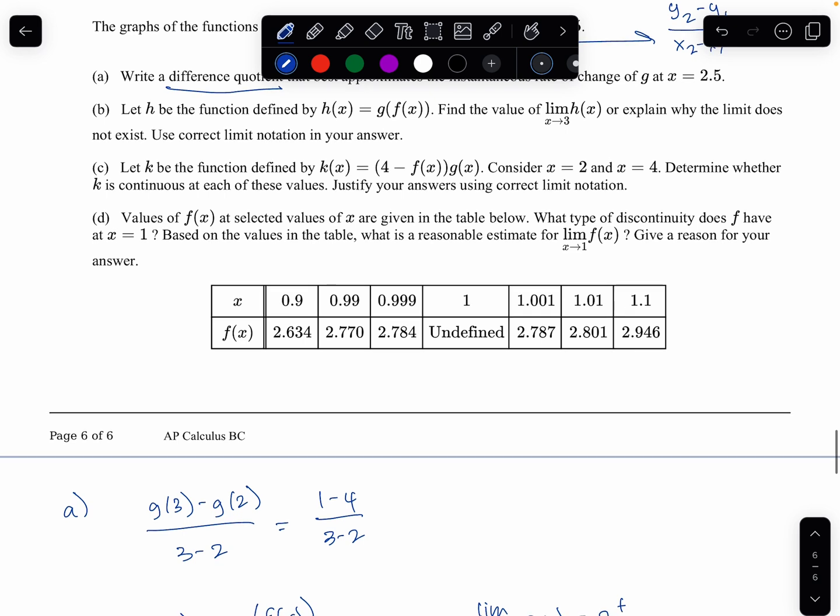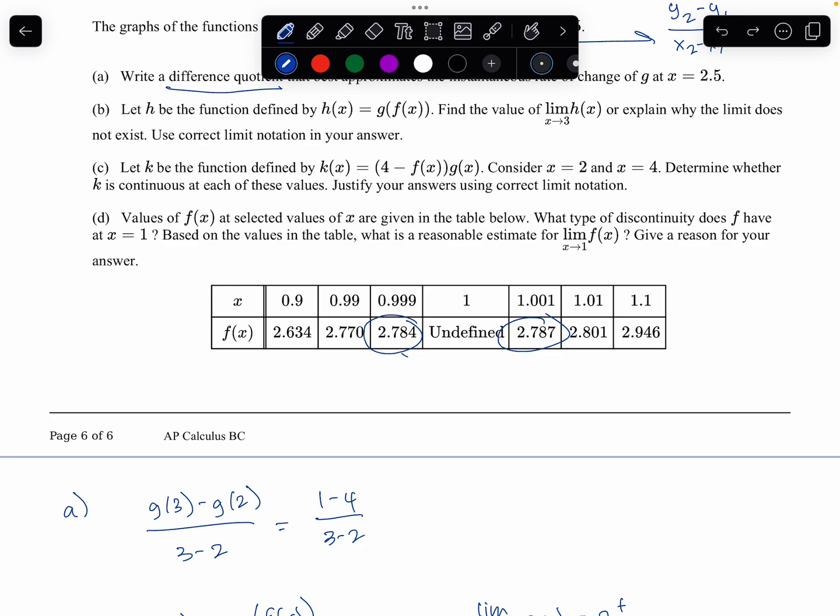And then what is a reasonable estimate for this? To estimate the limit, take the closest values that we have to x equals 1 that are defined. These are the closest defined values around x equals 1.